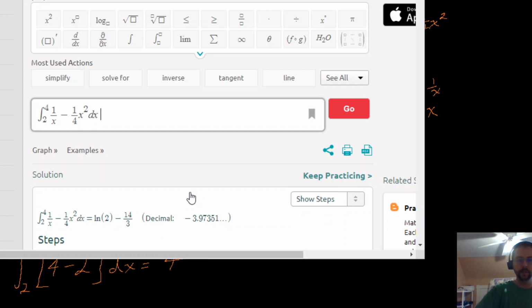So negative 14 over, natural log of 2 minus negative 14 over 3, or negative 3.97.